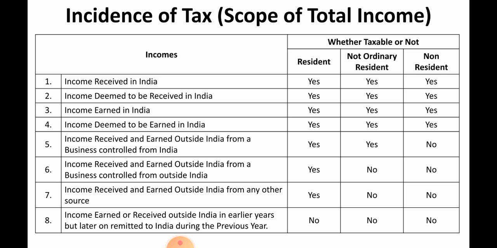This is why in this table, yes, yes, yes is written for all three assessees up to the 4th point, as in the first 4 points the income directly relates to Indian income. This is why resident, not ordinarily resident, and non-resident will pay tax in the first 4 points.